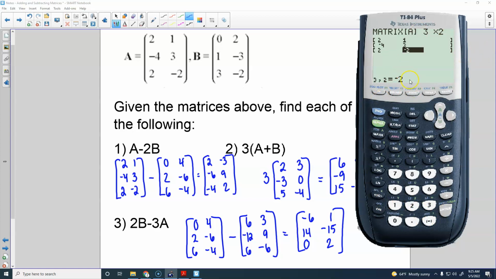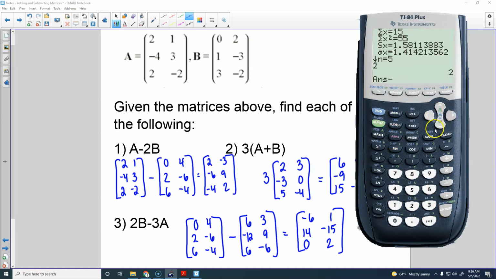All right, so matrix A is in. If I go back to the matrix menu, go over to edit, I can go down here and enter 1 in B, 3 by 2. So 0, 2, 1, negative 3, 3, negative 2.